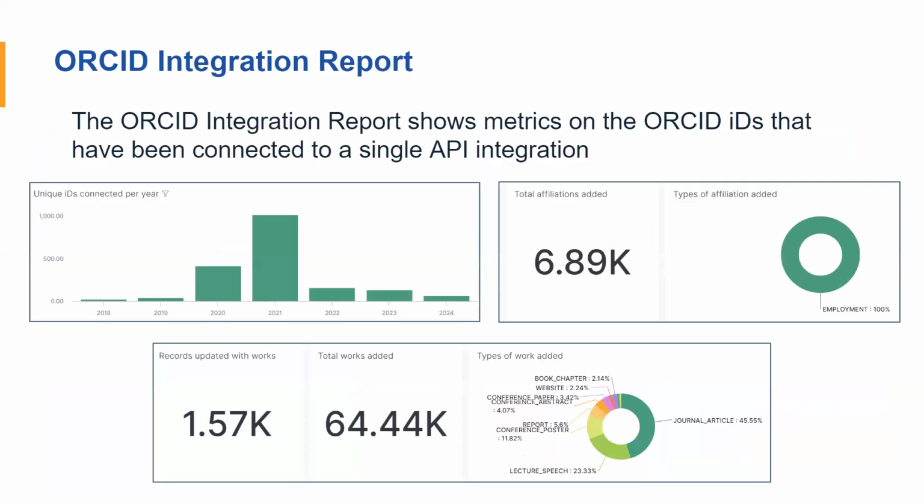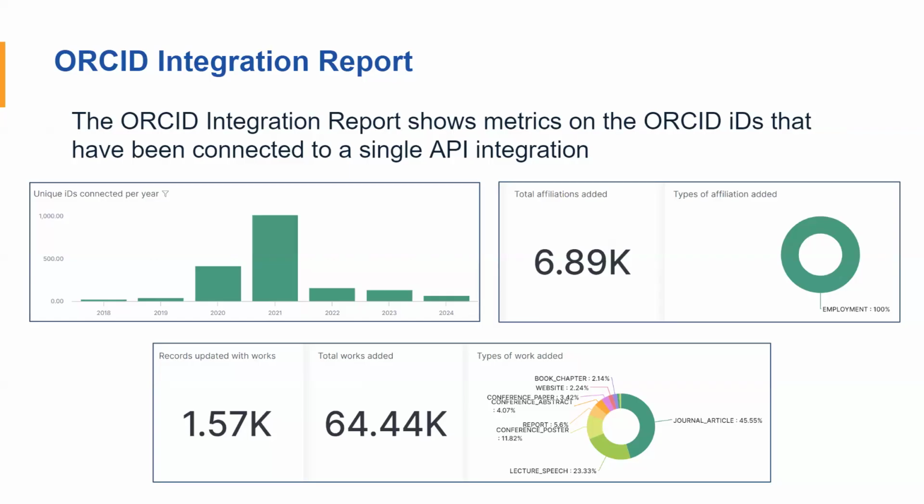If you have 1 or more ORCID API integrations, you can also look at each integration separately and get stats for them separately on your integration reports. So these reports show information about the ORCID IDs and activity that's taking place within a single ORCID API integration. Similar to the member report, you can see things like the number of unique ORCID IDs connected to your integration each year.